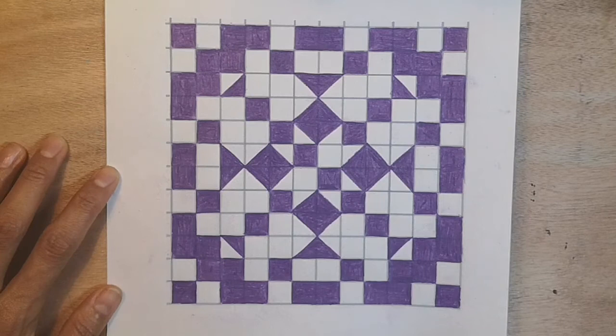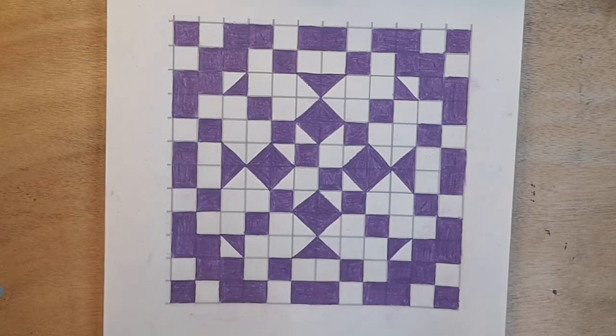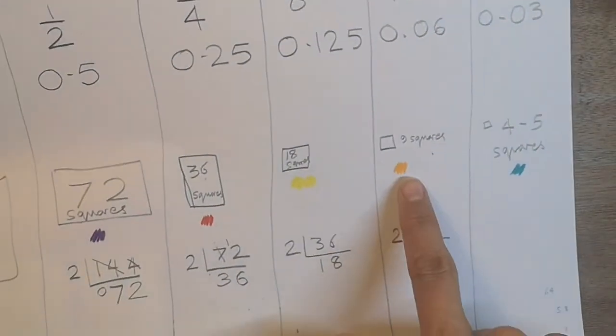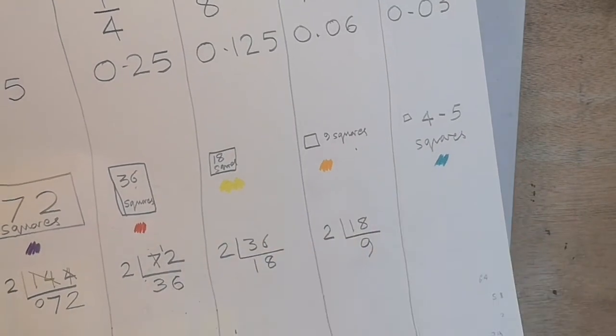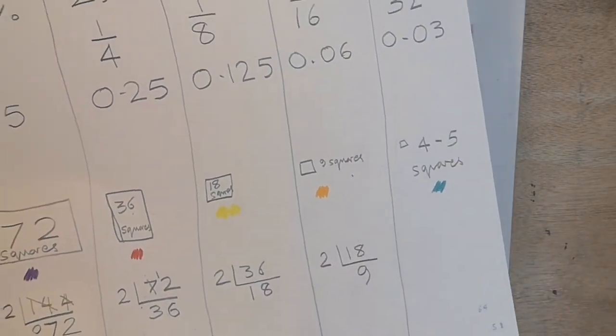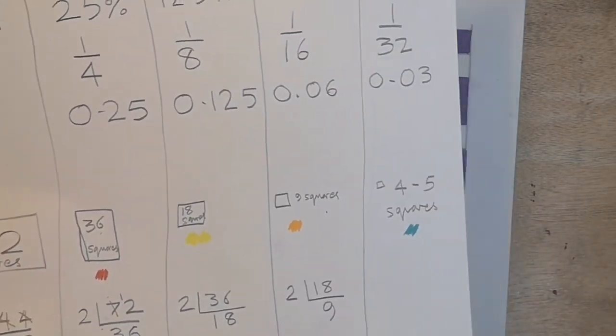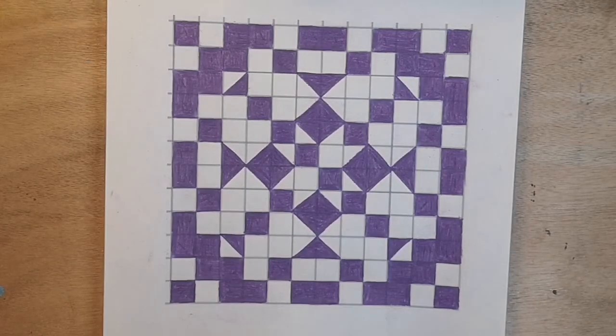So I'm going to colour those in now. Now I'm going to do my 36 red squares, my 18 yellow squares, my 9 orange squares, my 4.5 green squares, and any last squares I've got left, I'm going to do them another bright orange.